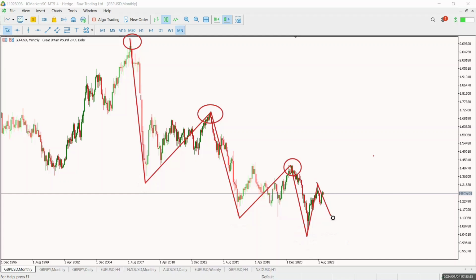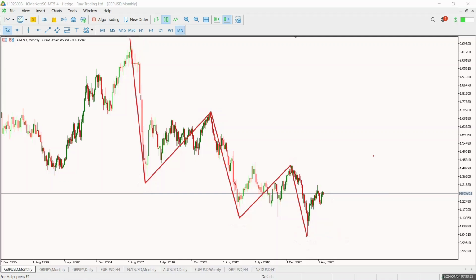We are going to check the fractal that was broken and sell to the 100.0 of it, because eventually price will create a lower high, and at the end of the day it will come to the 100.0 of this big fractal. But we are going to trade within the fractals available to us.